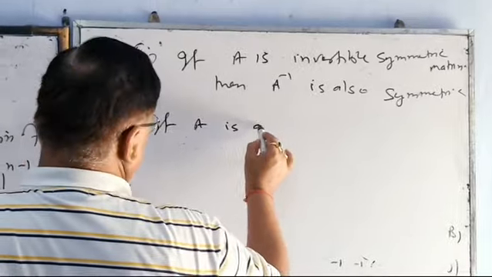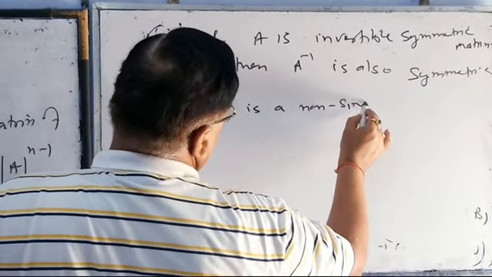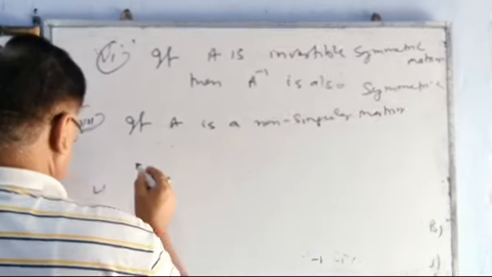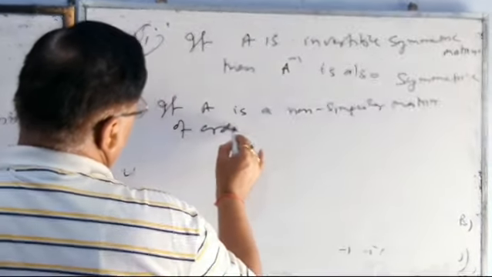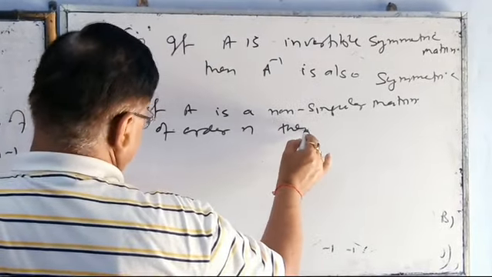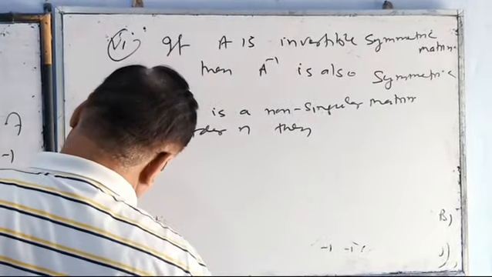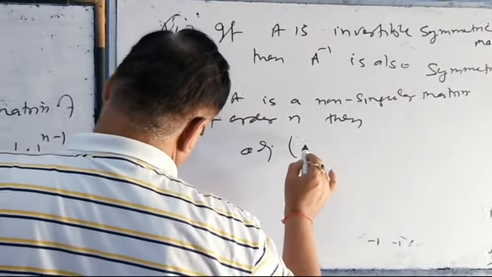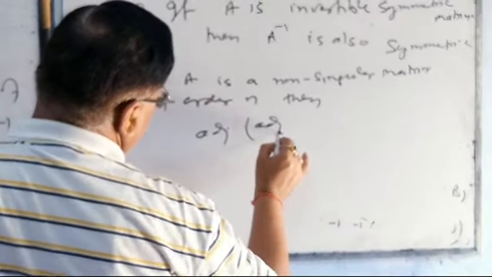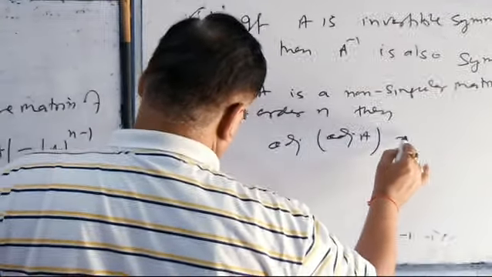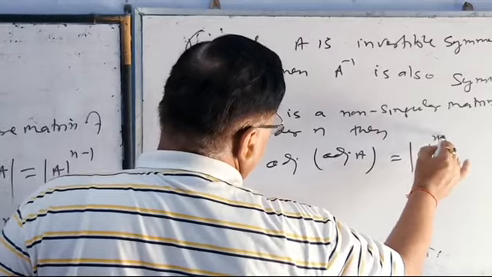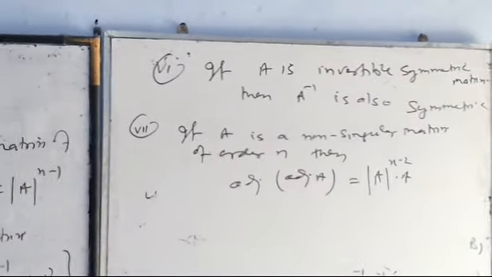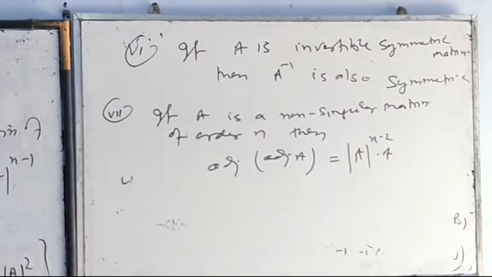Then another property: if A is a non-singular matrix of order n, then adjoint of adjoint A is equal to determinant A power n minus 2 into A matrix.